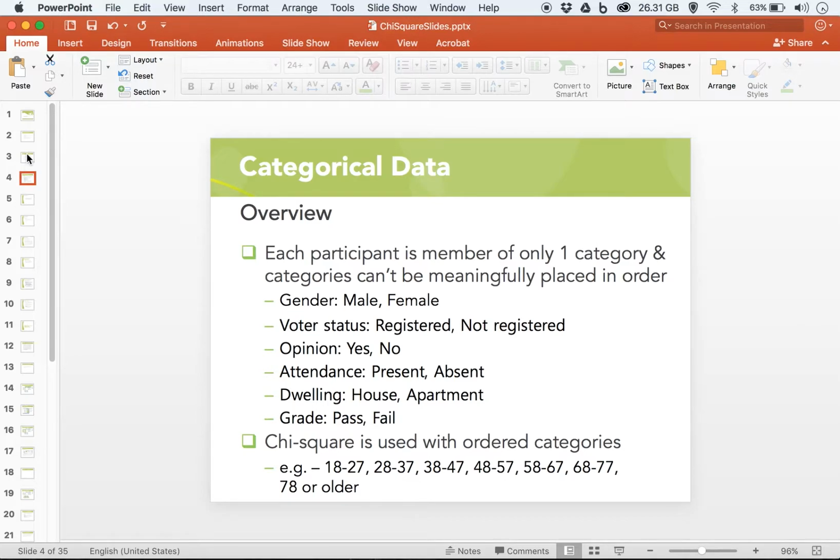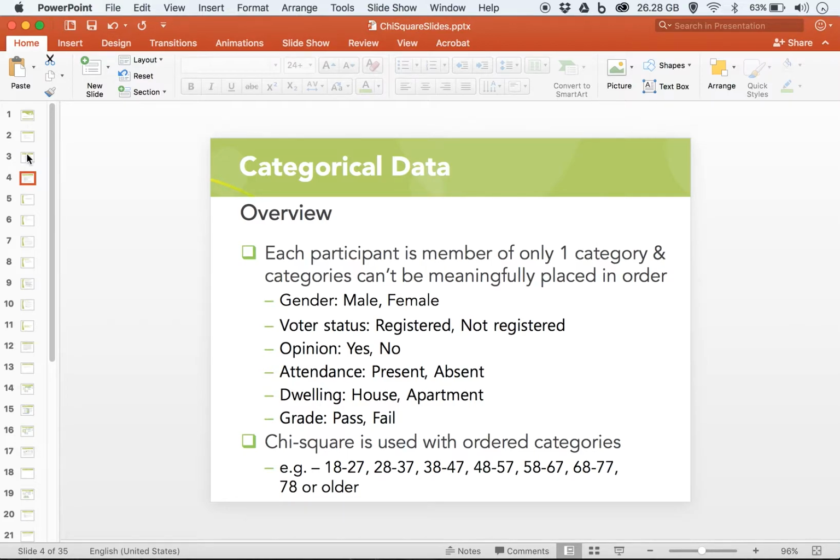They are going to be gender with male and female, opinion, yes or no, attendance, present or absent, respondent type, early versus late. But then we can also look at categorical variables that contain more than two categories, and that is called polychotomous. And we can do that through the log linear analysis discussed in Chapter 18.